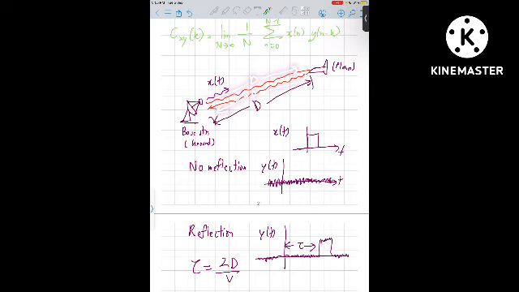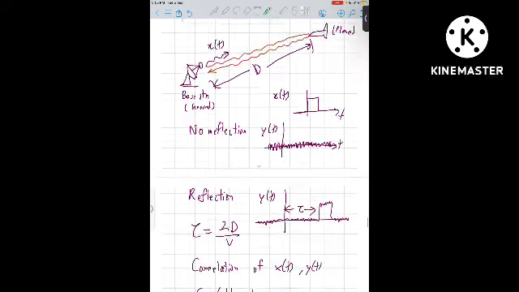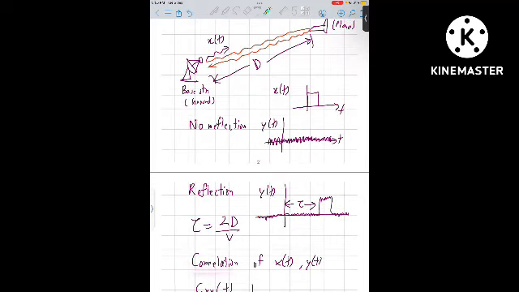You have x(t) over here and y(t). When you multiply x(t) into y(t), that's completely 0.